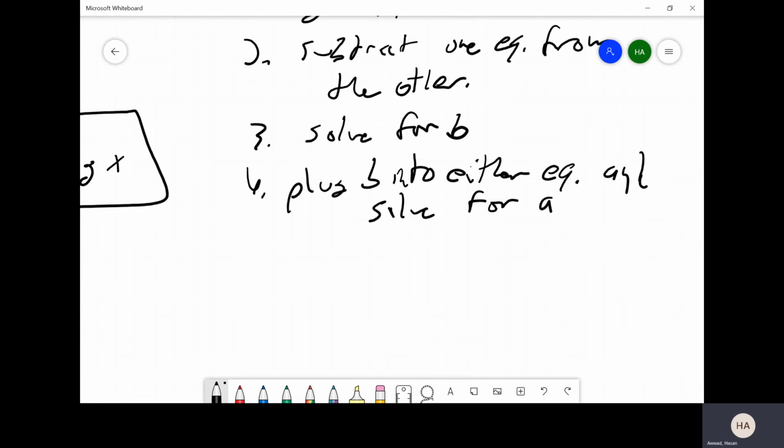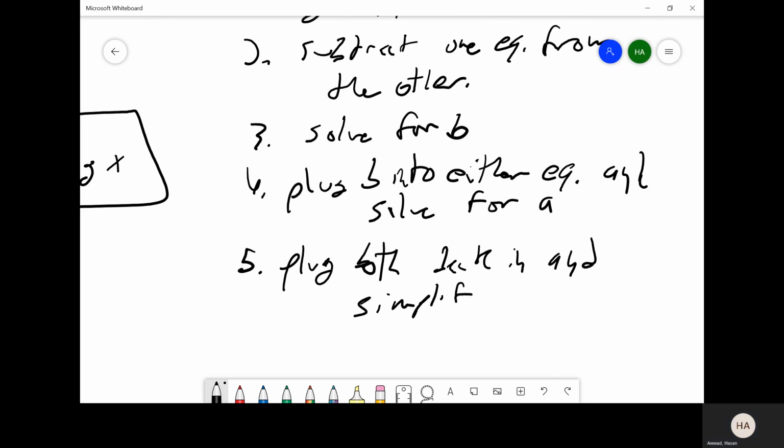And your last step, which is kind of trivial, but just for the sake of it, you're going to plug a and b back into either equation and then simplify if needed. Okay, so then plug both back in and simplify.